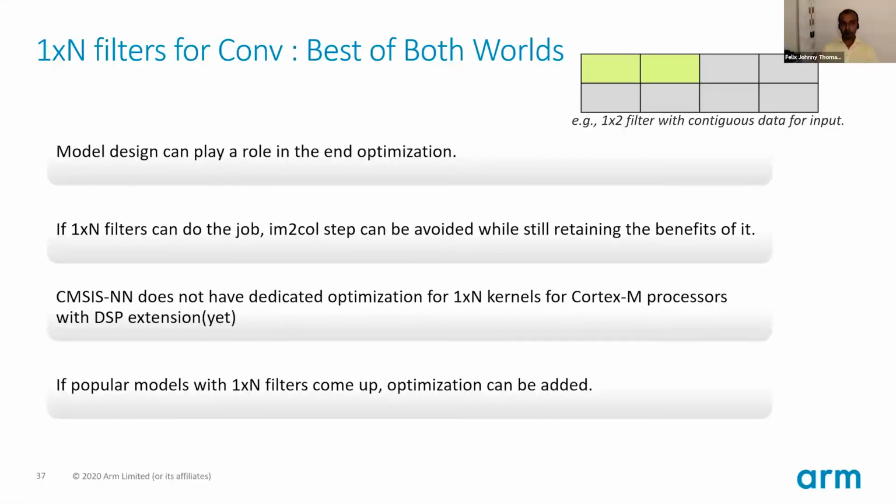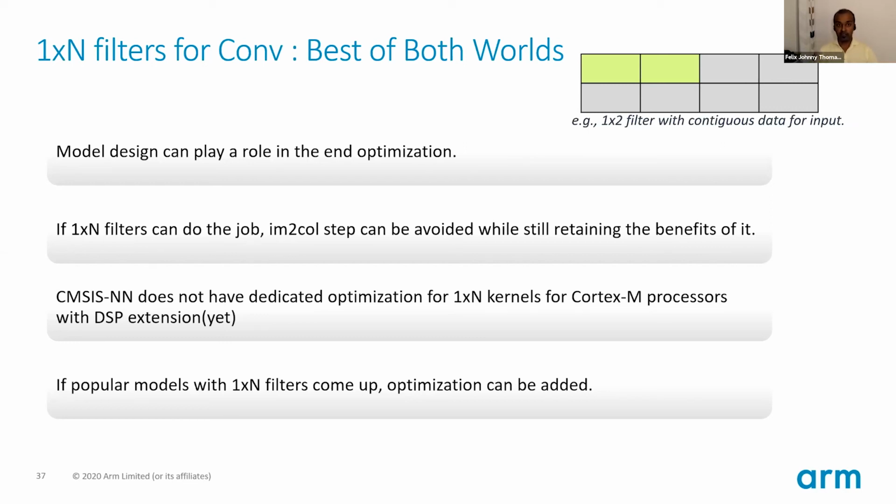Now, as awesome as image to column is, it takes cycles to rearrange data, and it requires an additional scratch buffer, which is at a premium in a TinyML scenario. So personally, I believe that if a 1/n convolution can do the job, your image to column step can be avoided while still retaining the benefit of it.